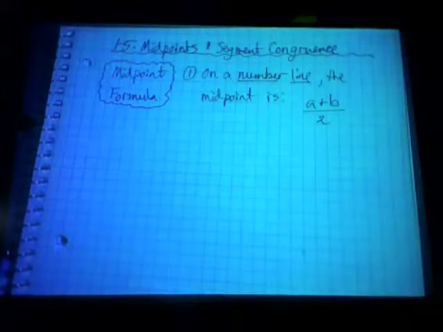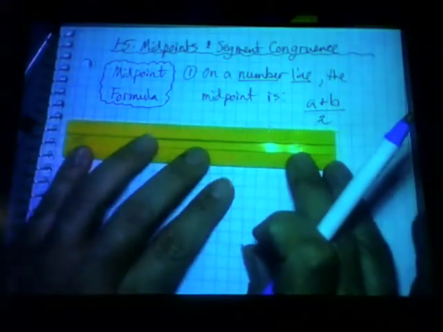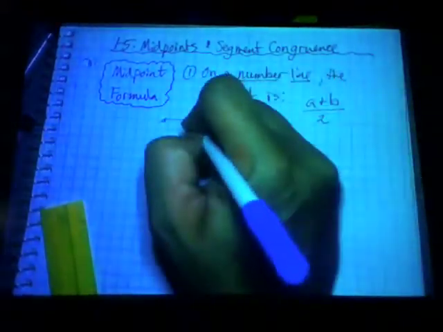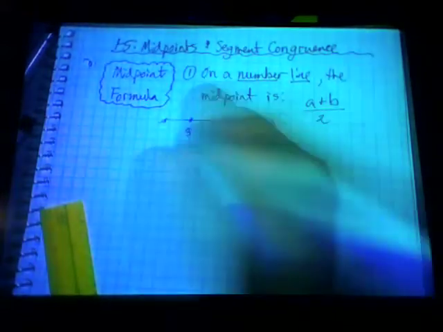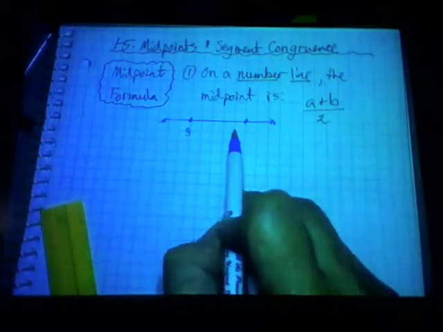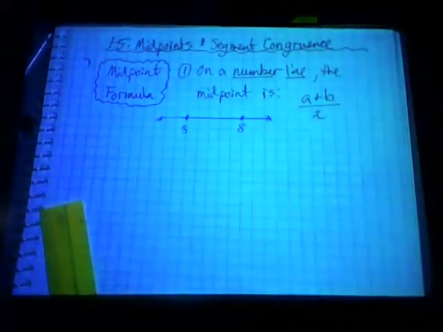For instance, here would be your number line. Let's say that you have the number 3 here, and then you have this number here, 8.